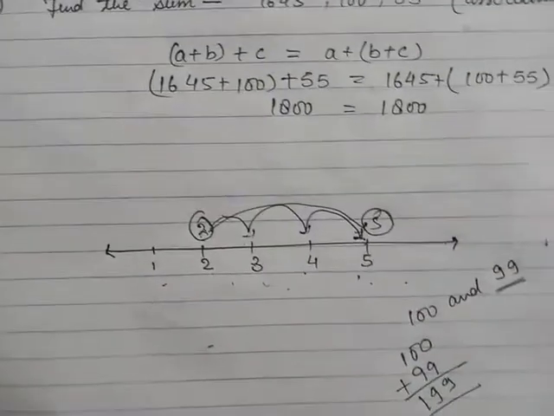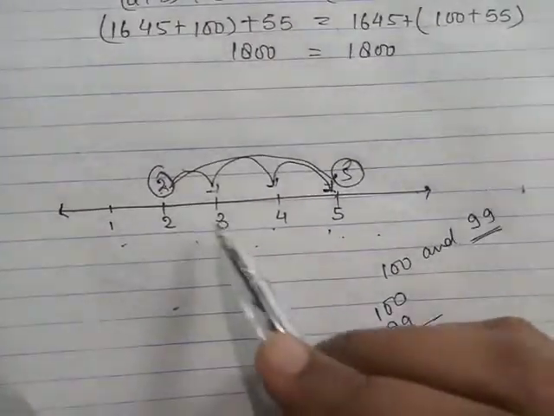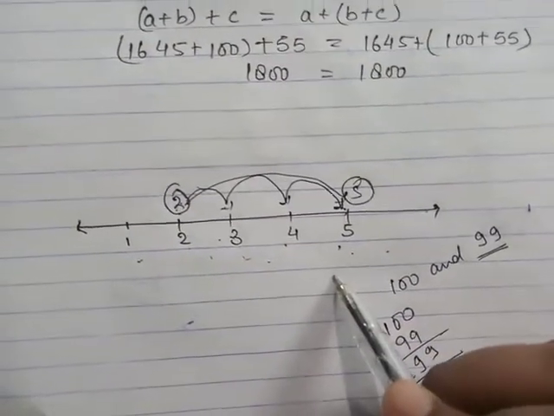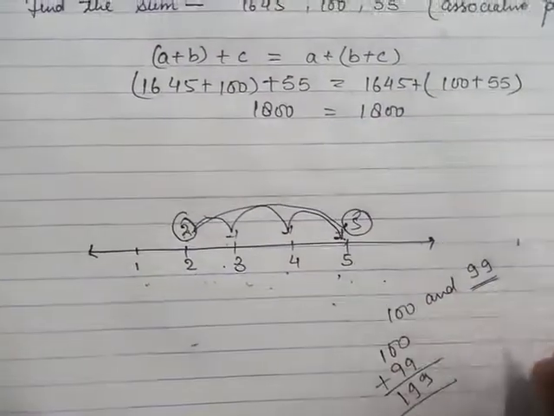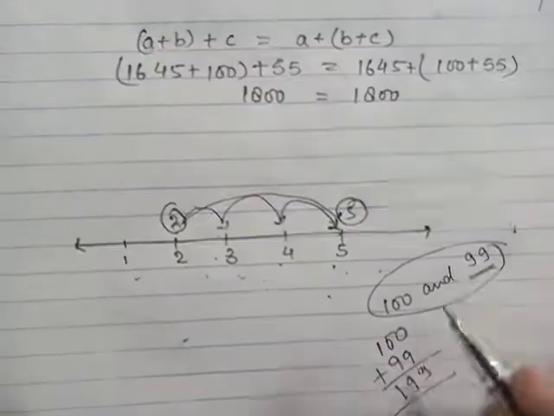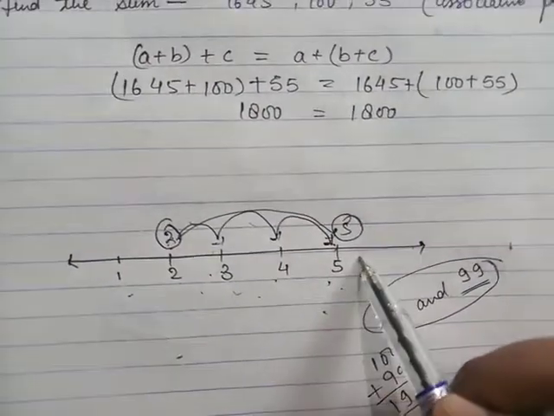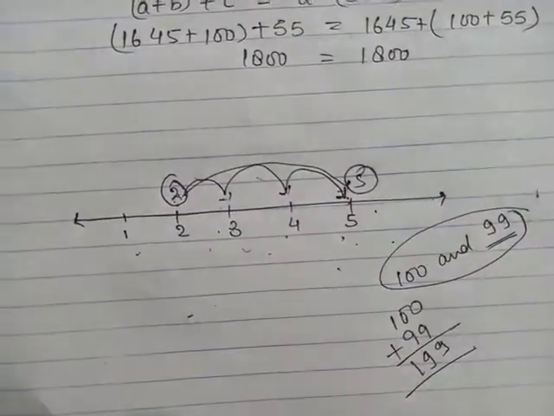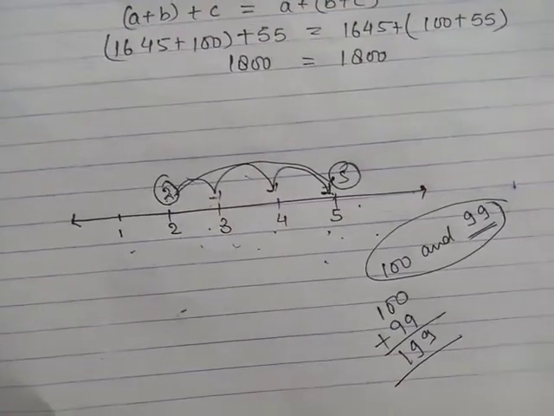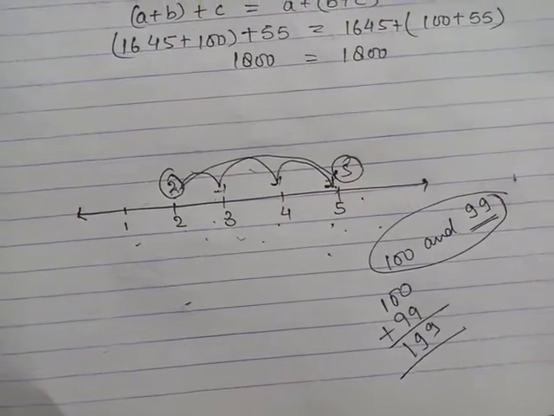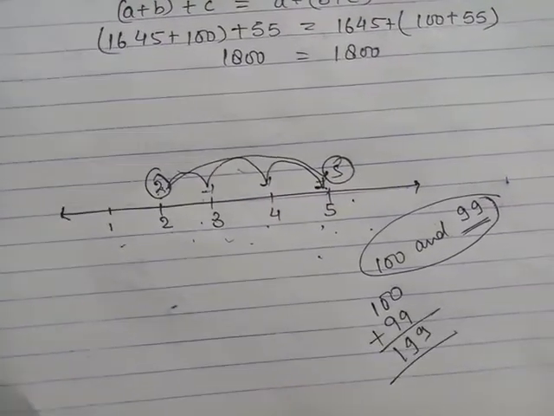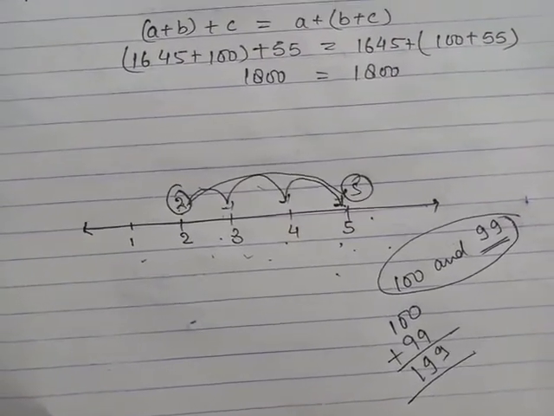For small numbers we can use the number line, and for greater numbers we will use direct addition. The stepwise process would be too tedious. So we will move to the exercises, and according to the exercises we will discuss the properties of addition.